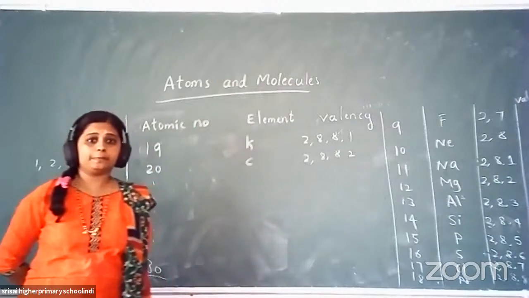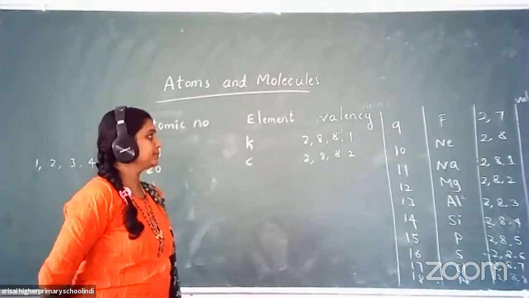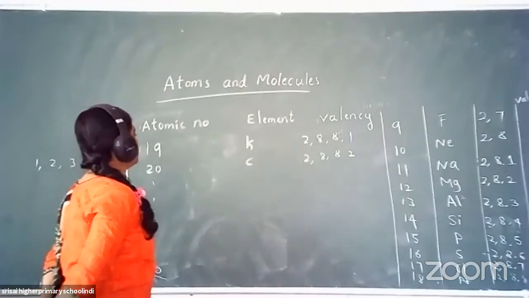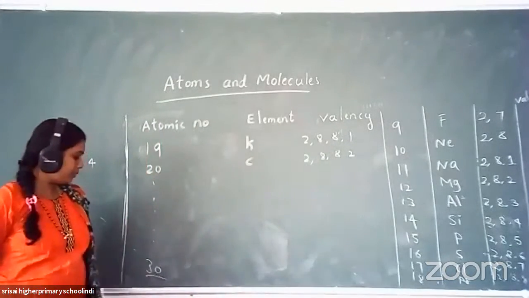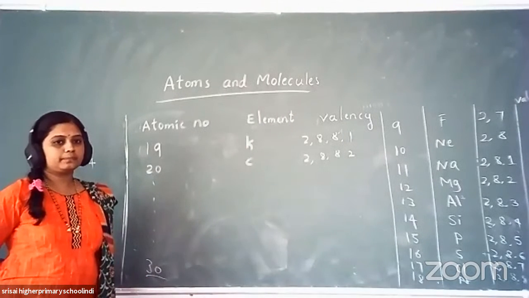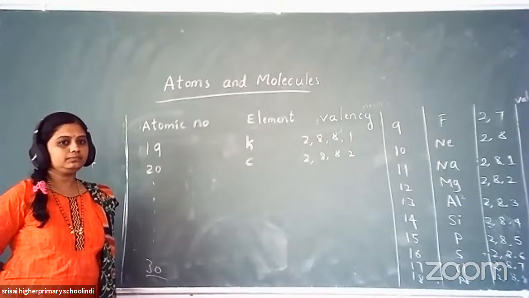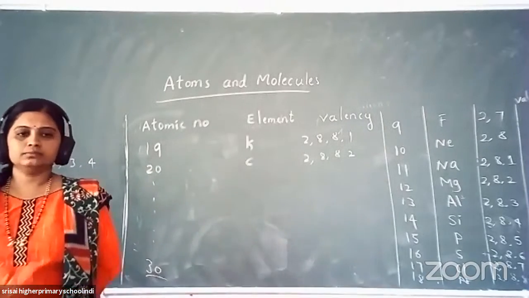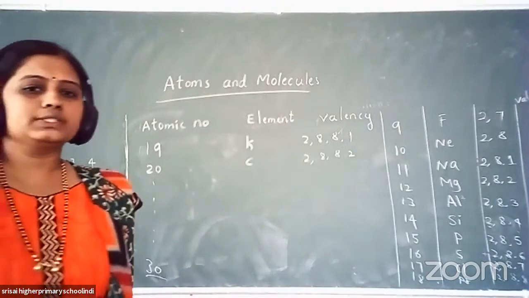Final valency number, you have to write at the end. What is the 30 atomic number? Which element is having the 30 atomic number? Yes, are you listening?